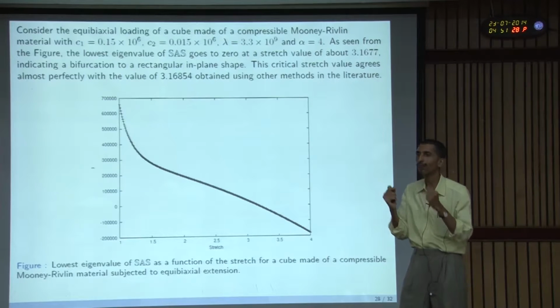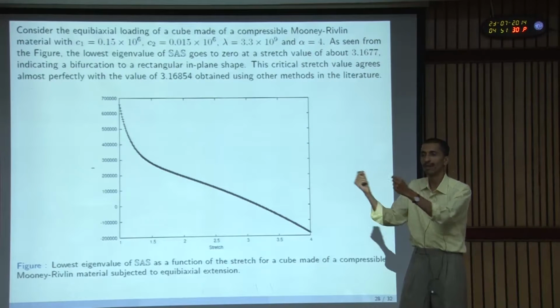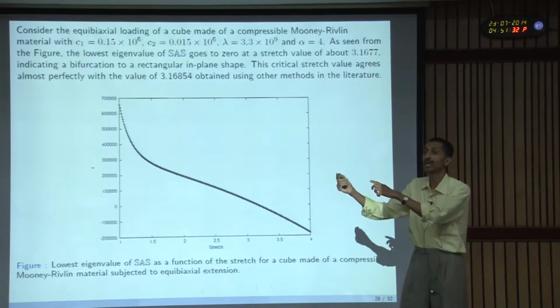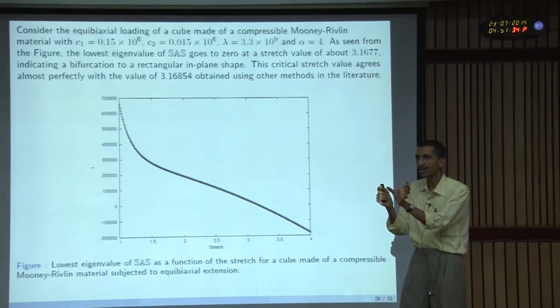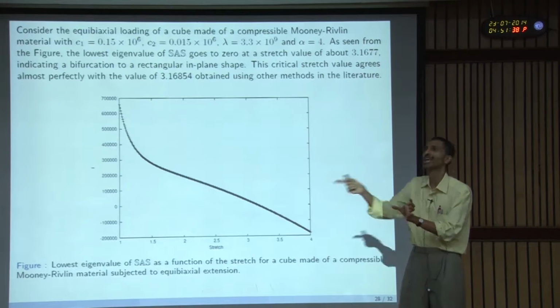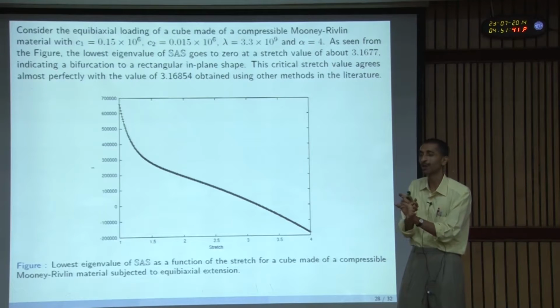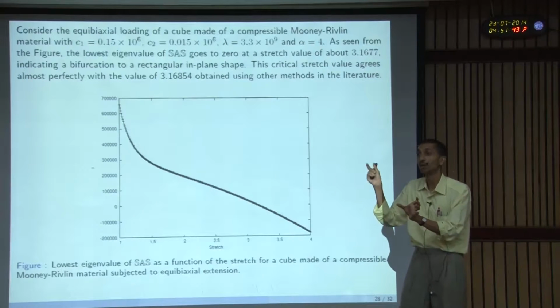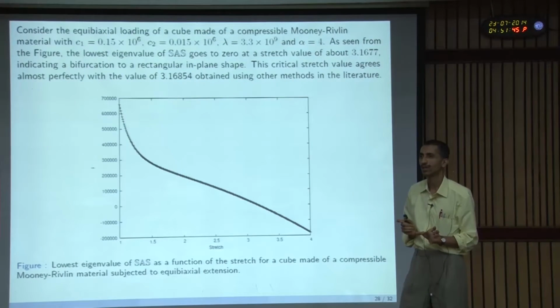So I will apply to Saint Venant, I will apply to this, I will apply to that, and try to figure out whether that particular criterion captures that. Suppose there is an instability, whether it captures that instability when I apply that particular inequality to that particular constitutive model.